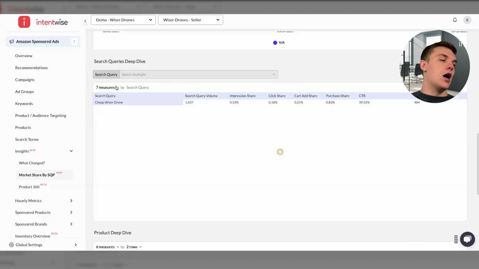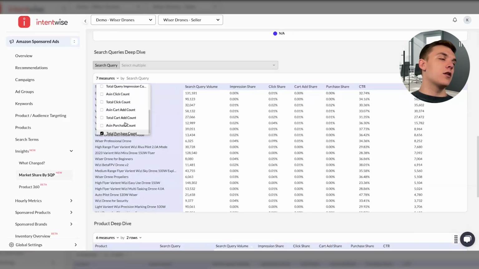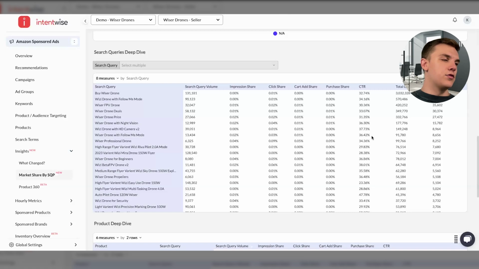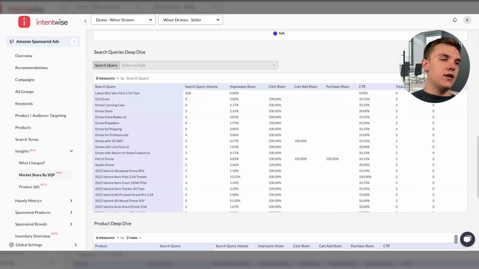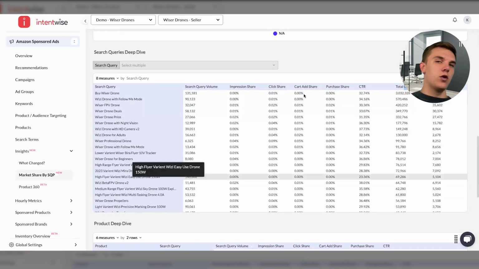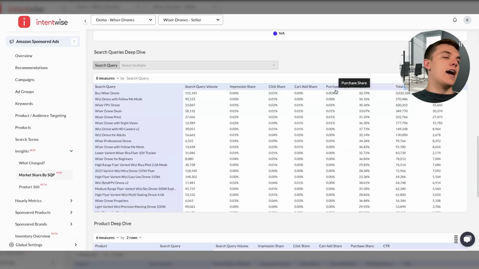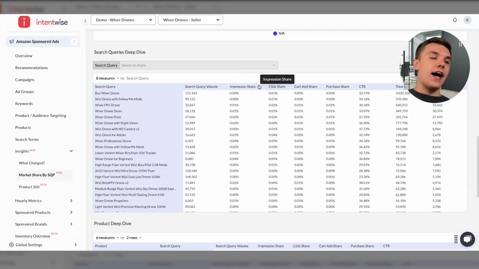So I can sort this data by different filters, right? If I wanted to see where am I getting the most impressions or the most clicks, we can add different measures, and I can see what's my total click count. Once that loads through, I can see total click count here, and I can sort that in descending order. So which search terms am I getting the most clicks on? This just makes it easy to manipulate the data so that I can see, like those use cases we looked at earlier, where do I have the highest leverage opportunity to make those changes, right?